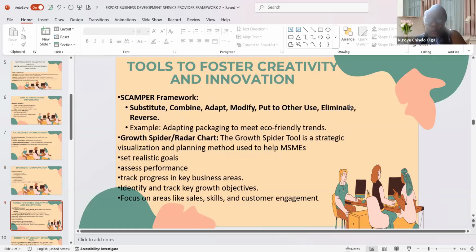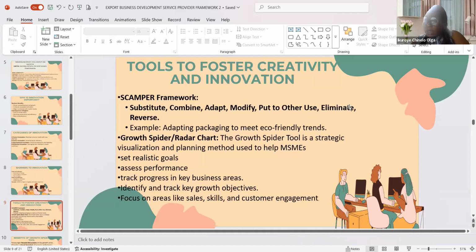So it leads us to the tools to foster creativity and innovation. This is where it gets exciting. First, we have the SCAMPER framework. SCAMPER stands for substitute, combine, adapt, modify, put to other use, eliminate, reverse.